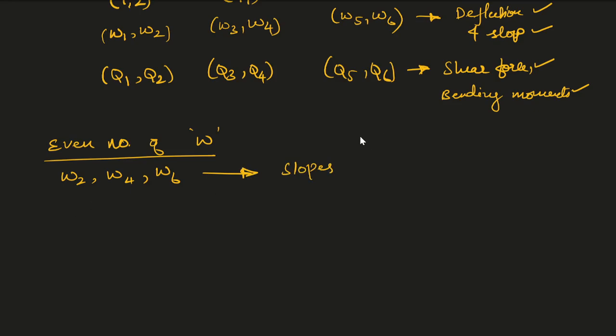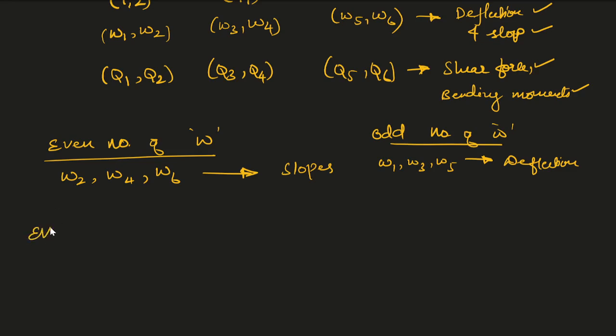Okay, and in a similar manner, the odd numbers of W, that means W1, W3, W5, represent deflection. And in a similar manner for the forces as well, the even numbers of Q, that is Q2, Q4 and Q6, represent bending moments.